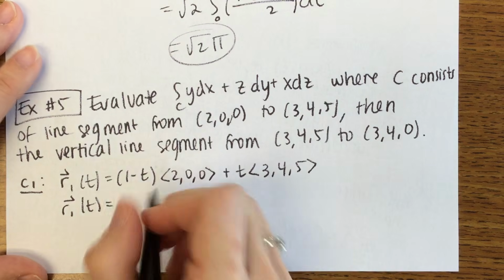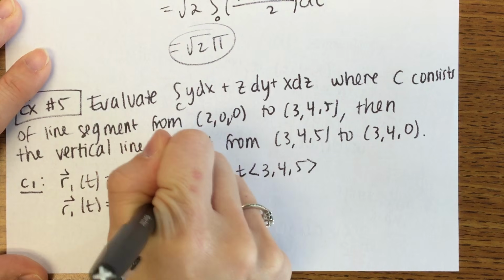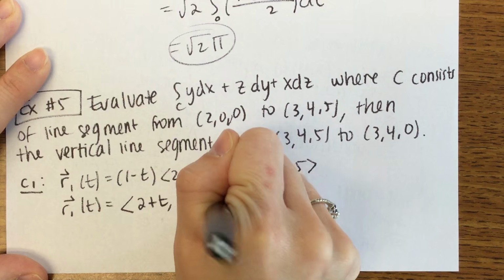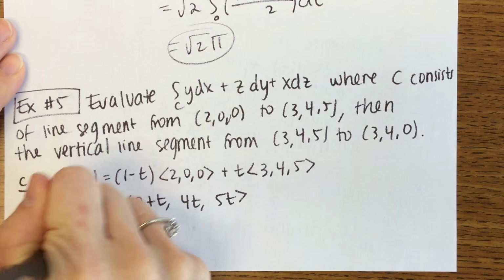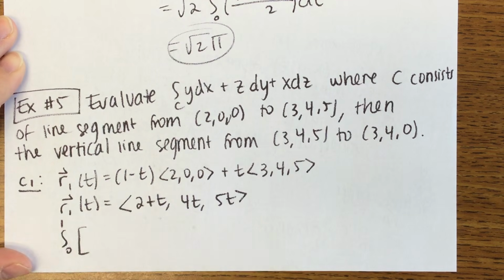If you trust me with the simplifying, this ends up being 2 plus t, 4t, and 5t. So we now are going to integrate from t equals 0 to t equals 1.